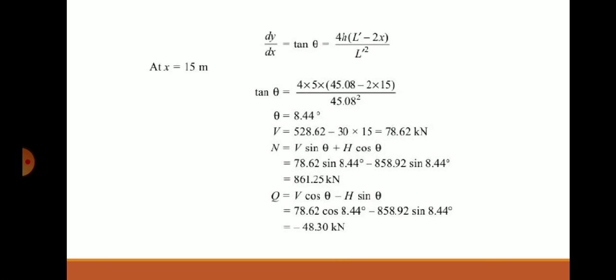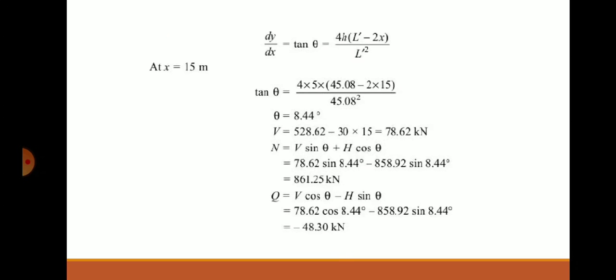Once you know theta, you have to find what is V at that point, vertical shear at that point. So, vertical shear is V A minus loading before point D. V A is 528.62 minus loading is 30 into 15. So, V is the vertical shear at that point.